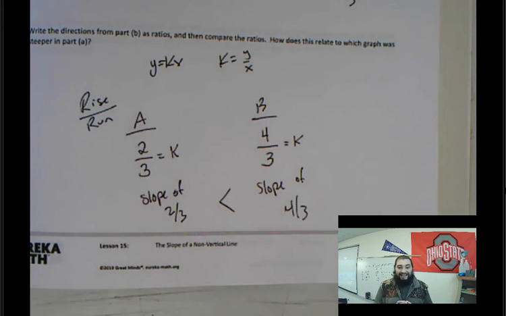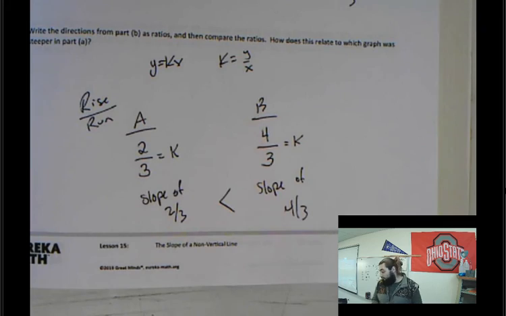Lesson 15 has a ton of examples. We're going to go through a couple more on another couple videos because it takes a second to look at it and compare it and find the slope. But from there, you're just looking to compare, find the slope, knock it down, and then keep it moving.